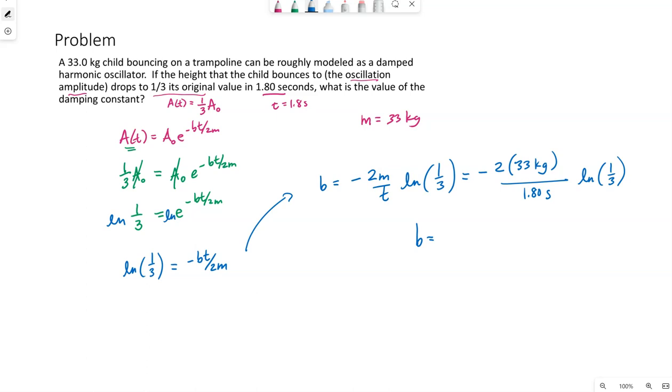We're assuming that 1/3 is exact, so more significant than 3 digits. I'm getting 40.3.